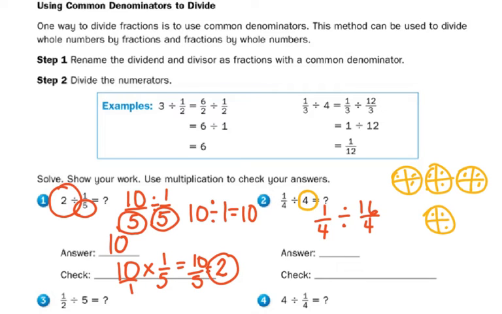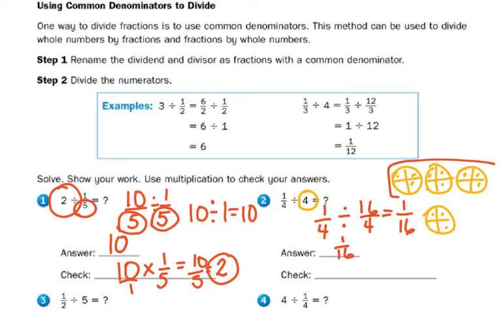Let's go ahead and divide the numerators. 1 divided by 16. 1 whole circle divided into 16 would be 1/16. So the answer is 1/16.